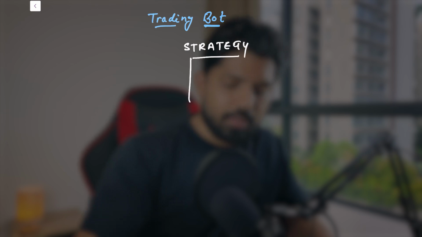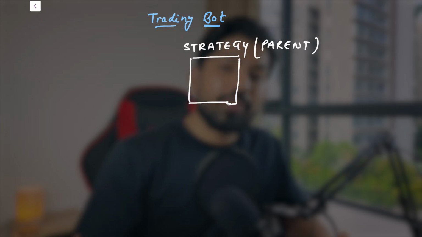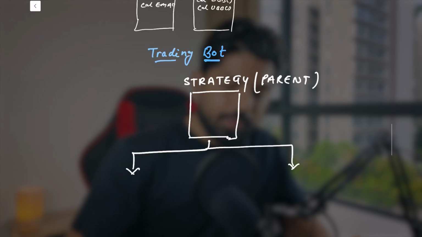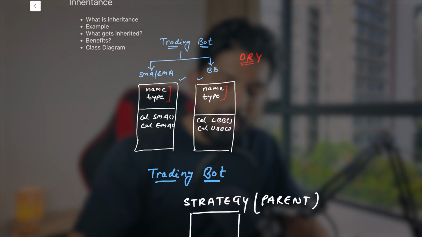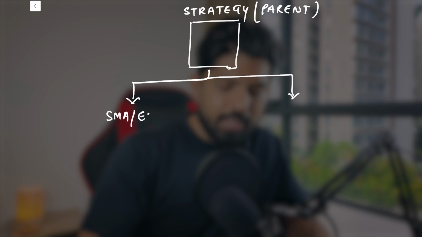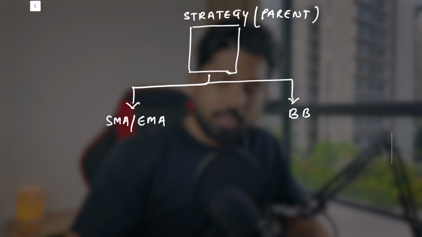And we can consider this as the parent class. Now we will create 2 other classes, and these will be the child classes of this Strategy class. The first will be the same SMA EMA, and the second will be the BB class. So I'll write SMA, simple moving average and exponential moving average, and this will be Bollinger Bands, correct?